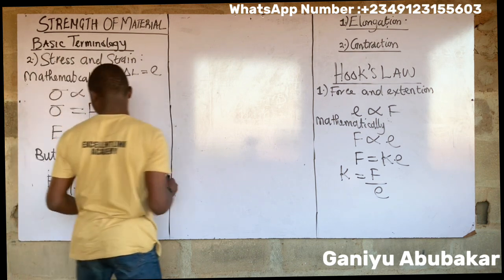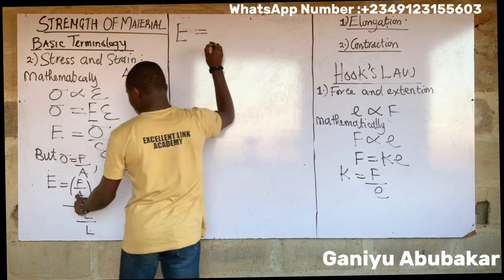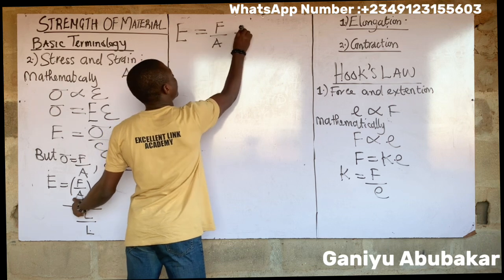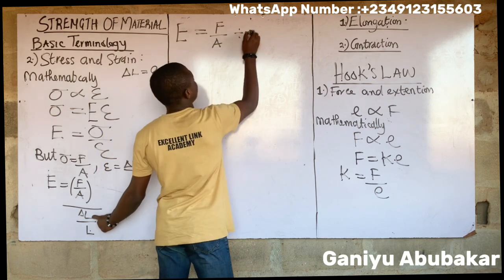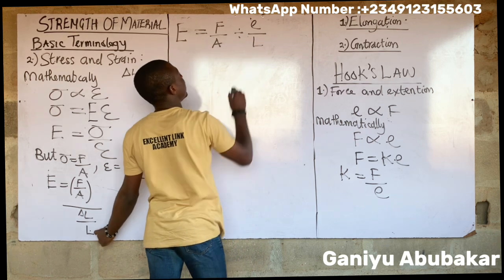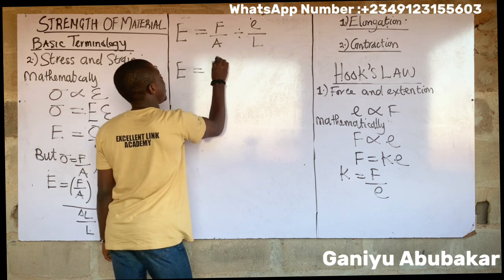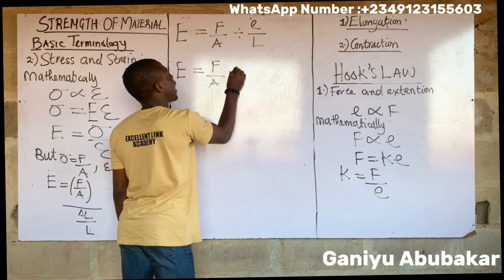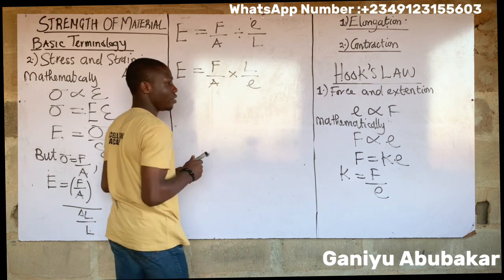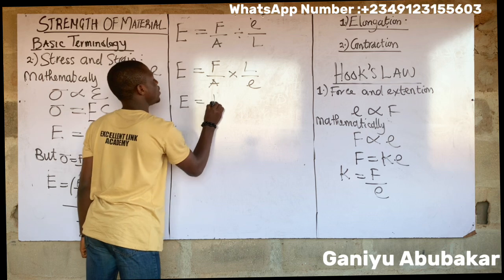All right, for me, I'll have that E, Young's modulus, is equal to force over area, divided by change in length, which is e now. We said should be e over original length. From here now, E is equal to F all over A times L over e. Combine these two.